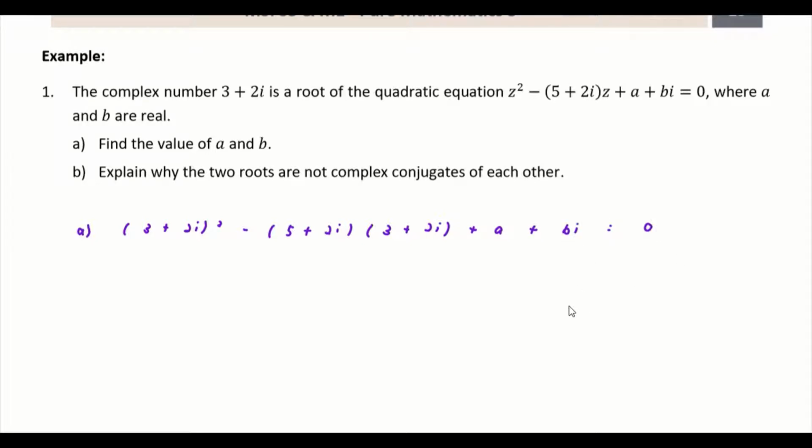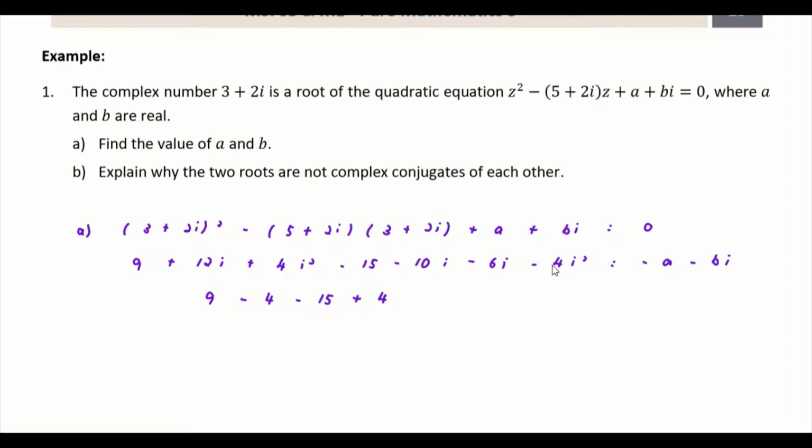Alright, so now let's try to solve this. So 9 plus 12i plus 4i squared minus 15 minus 10i minus 6i minus 4i squared. You know that later we are going to do comparison, so might as well we just bring this over to the other side. So maybe we can try to group them together first: 9 minus 4 minus 15, then plus 4.